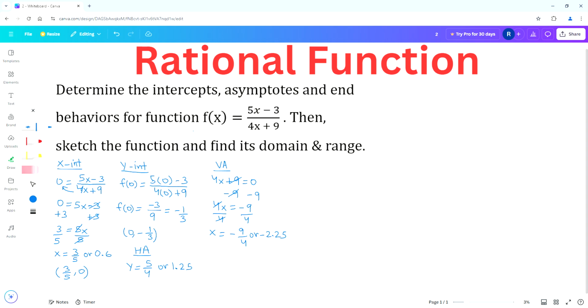Next, we can find the end behaviors for the asymptotes. Let's start with the horizontal asymptote. For the horizontal asymptote, we have to find whether the graph of this function approaches the horizontal asymptote from above or below on the left side and the right side of the x-axis.